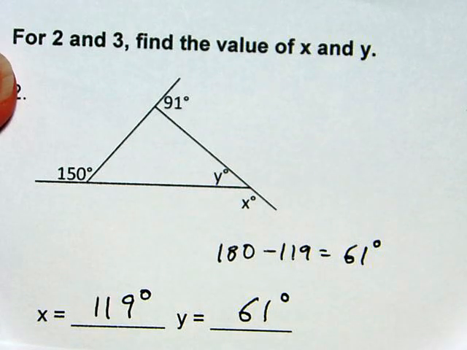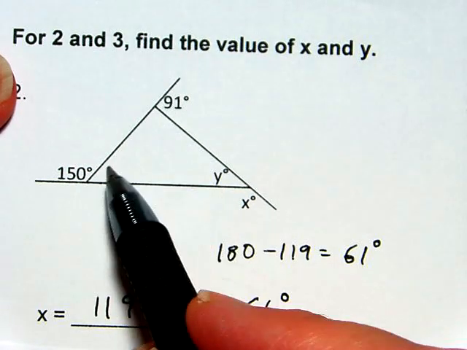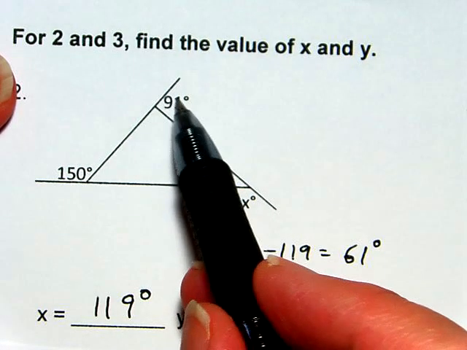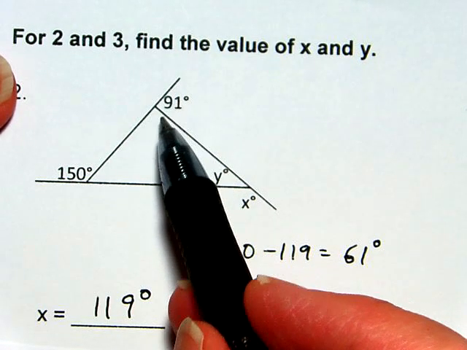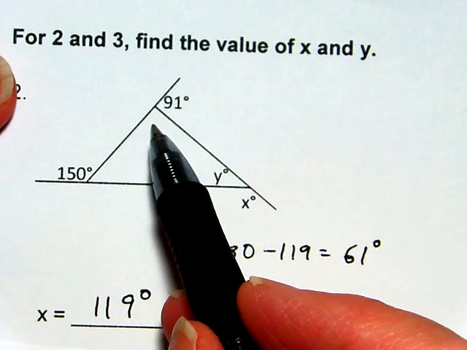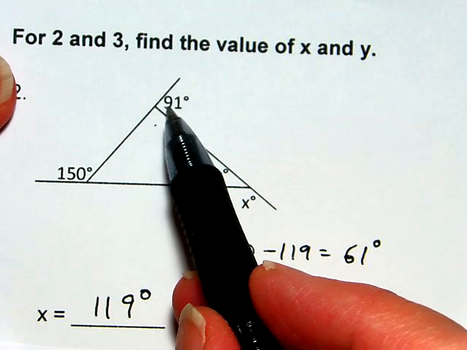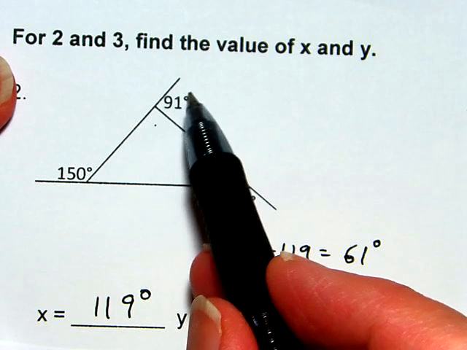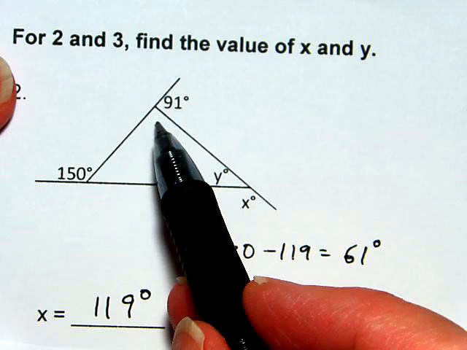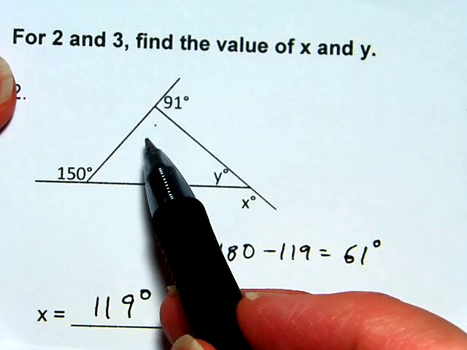Any way to check this? Well, lots of ways actually. We can look at the angles of this triangle. We know that 91 is the exterior angle, so we know that the interior and exterior angles are a linear pair.